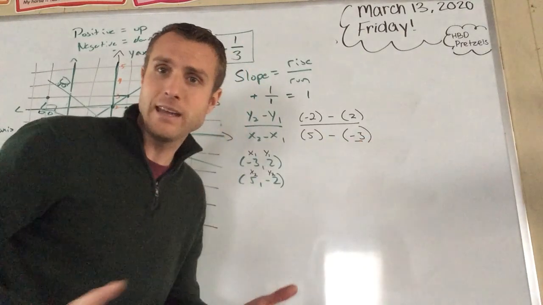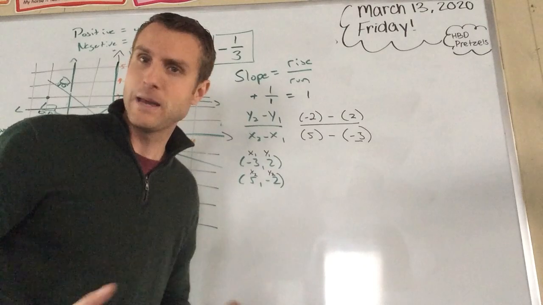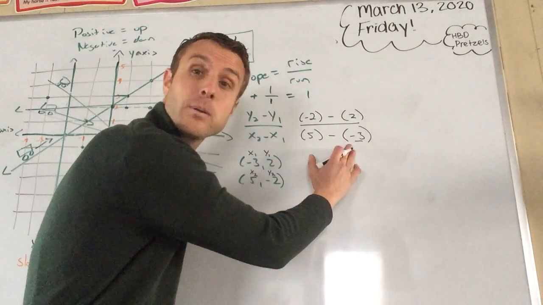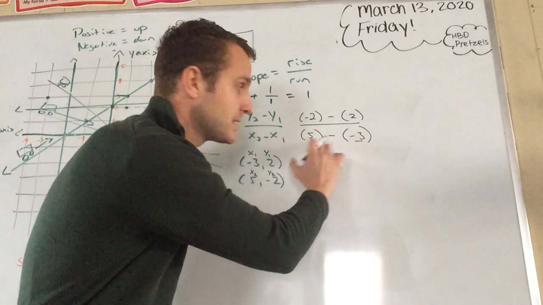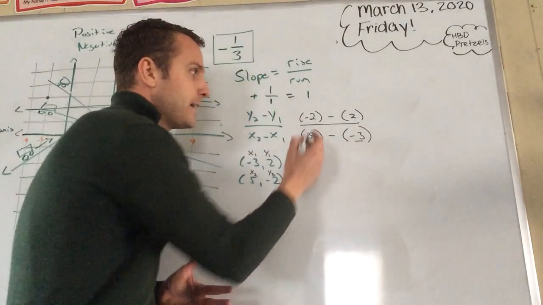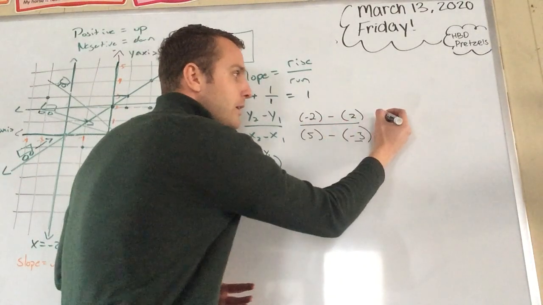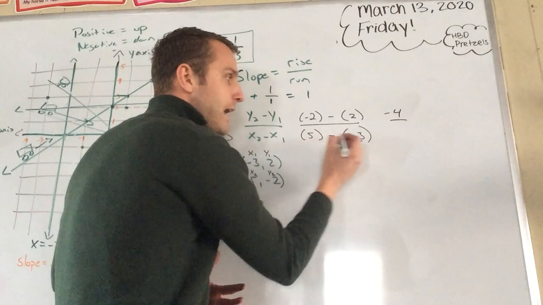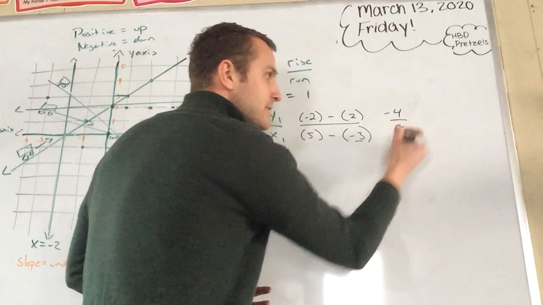If I have two negatives, what does that make? It makes a positive. So it's not 5 minus 3, it's 5 plus 3. Because it's 5 minus -3, which is 5 plus 3. -2 and -2, same sign. I add and I use that sign. 5 plus 3 is 8.